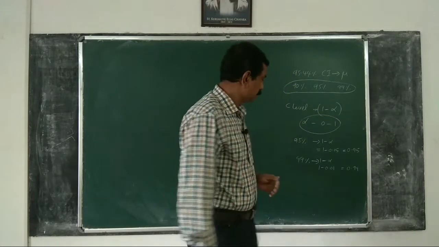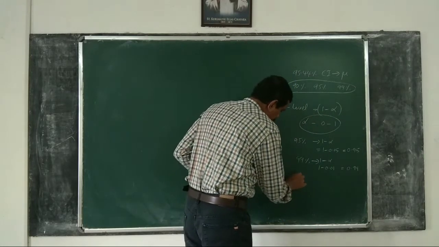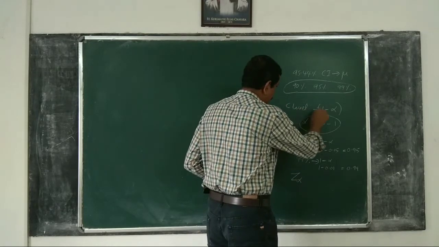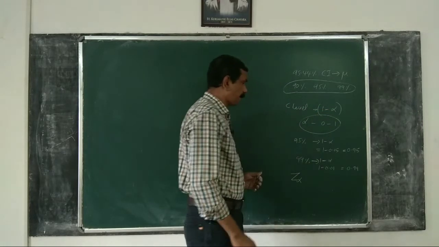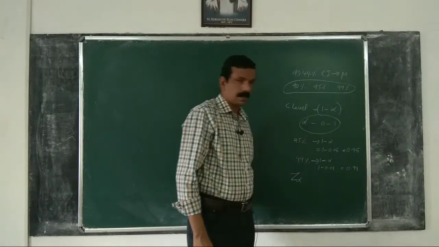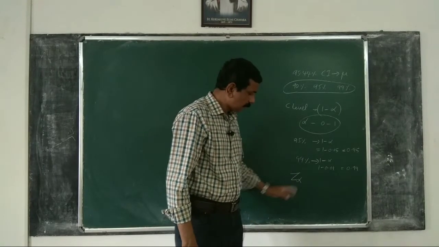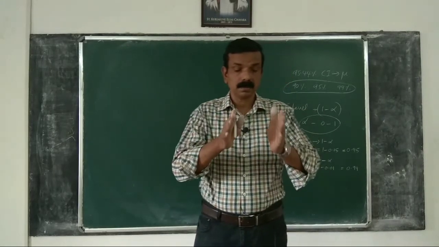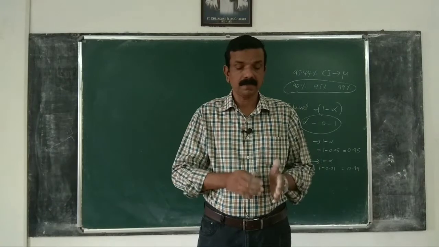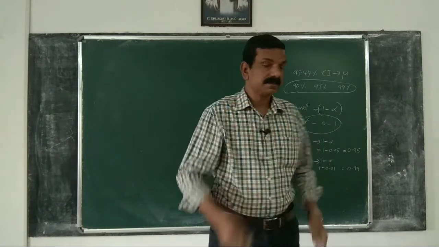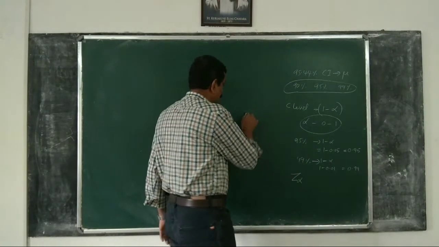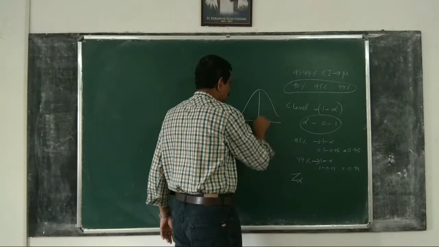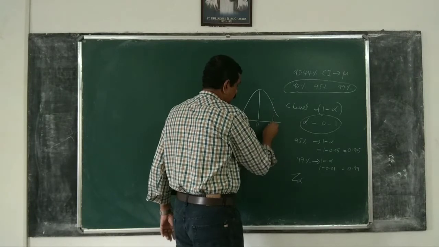Then the symbol Z alpha. So we write a confidence level as 1 minus alpha, where alpha is a number between 0 and 1. Then the symbol Z alpha denotes the Z score that has an area alpha to the right of the standard normal curve.